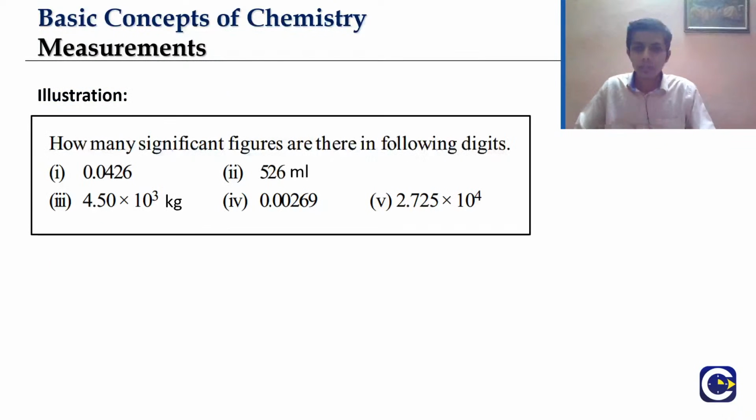Clear? Okay. So here is an exercise for all of you to check how much you have understood. Quickly, out of these 5, I want you all to answer one by one.